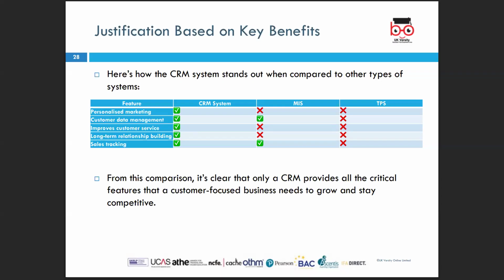So we can say from this comparison, it's clear that only a CRM provides all the critical features that a customer-focused business needs to grow and stay competitive.